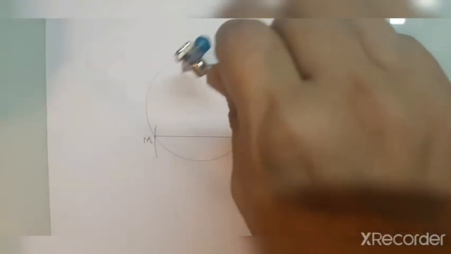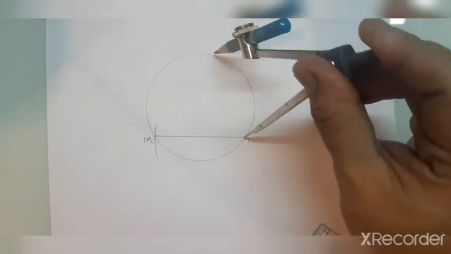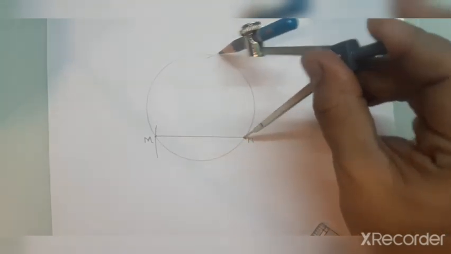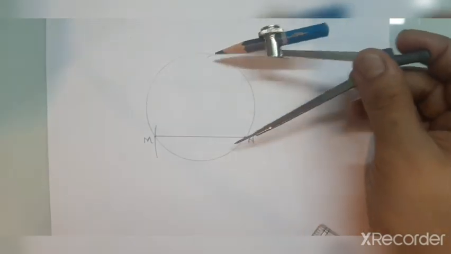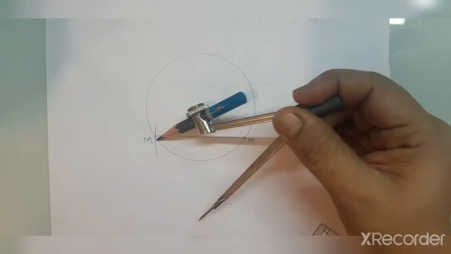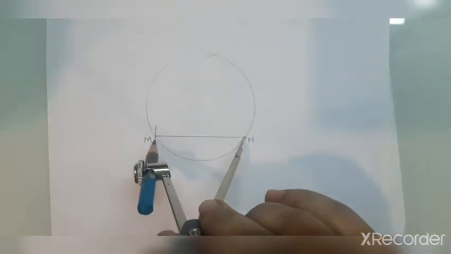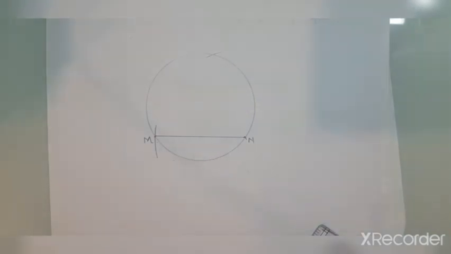I have chosen this arc. You cannot make an arc here, it will go into the center. The arc has to be made on the circumference, so either here or here. If you make this arc, then you have to draw this chord here. But I preferred this arc, and therefore I have drawn the chord here.